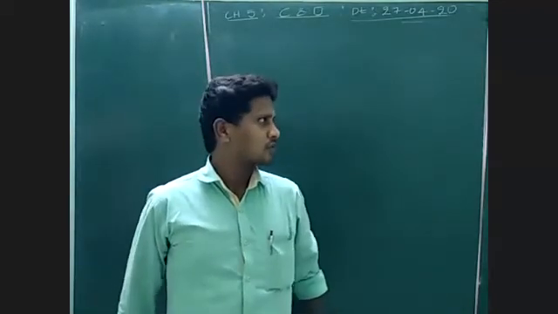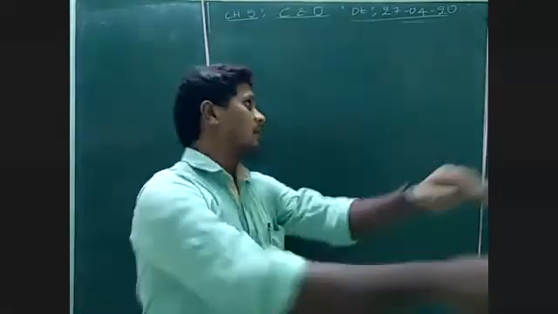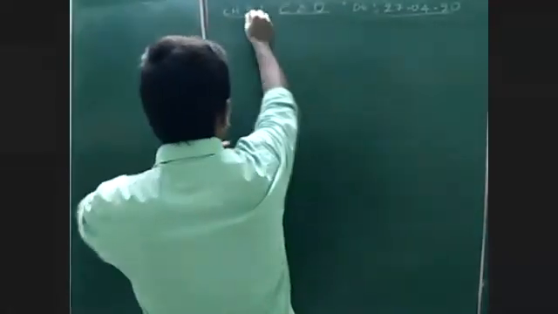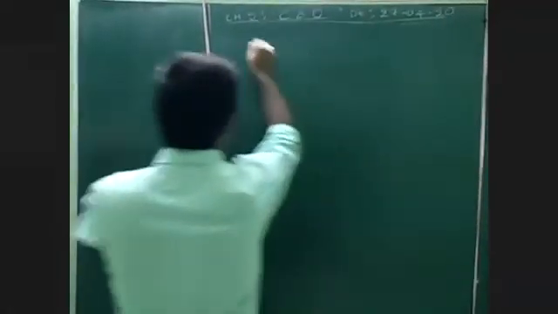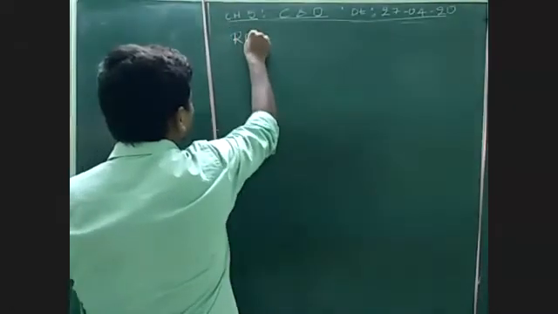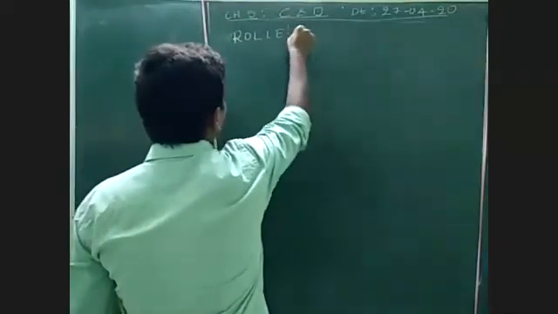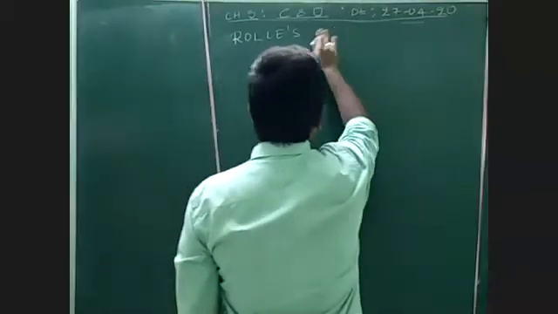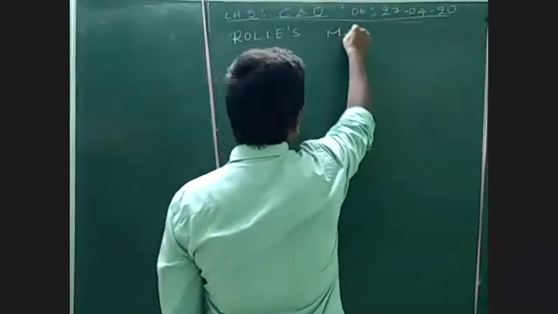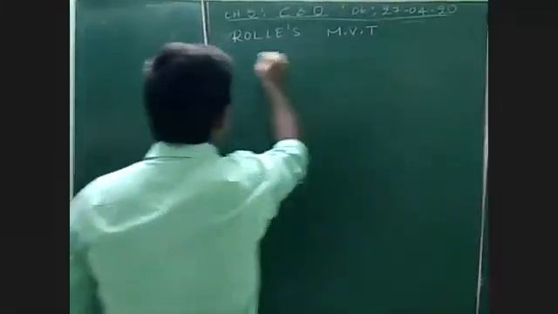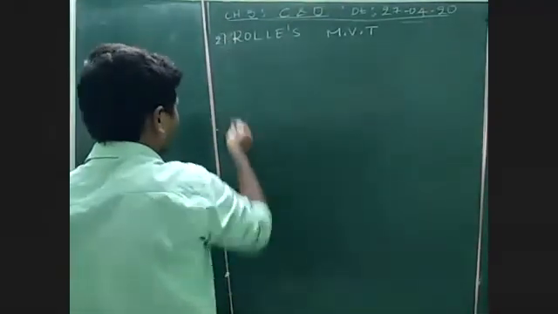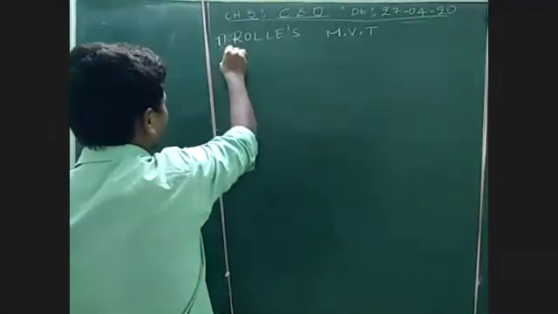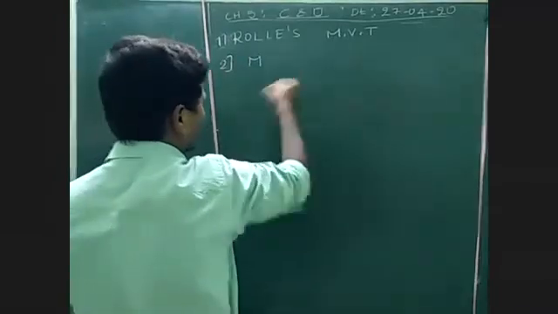Okay, so here we will discuss Rolle's theorem, or Rolle's mean value theorem. This is the first one. The second one is the mean value theorem, only mean value theorem.